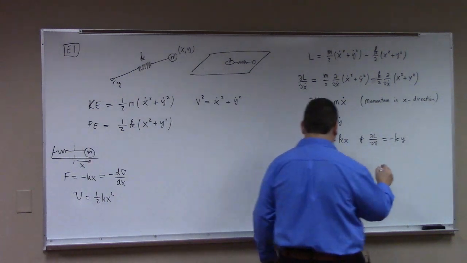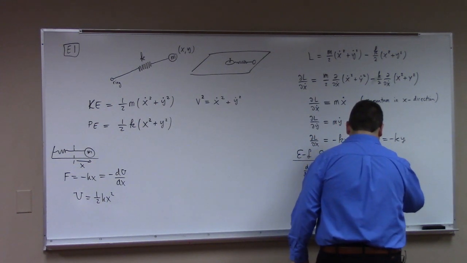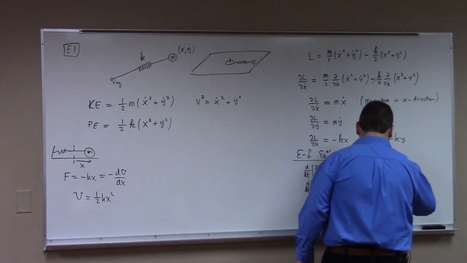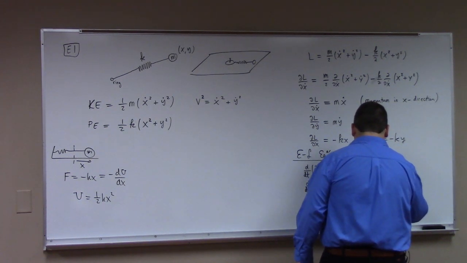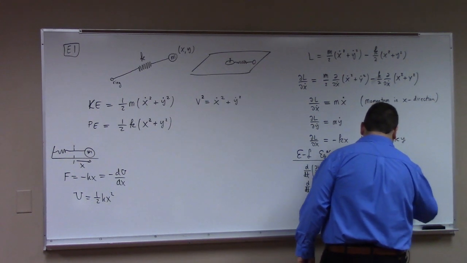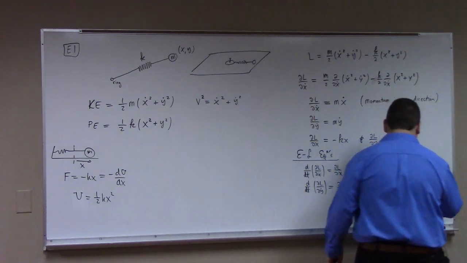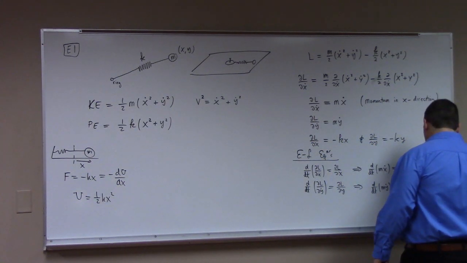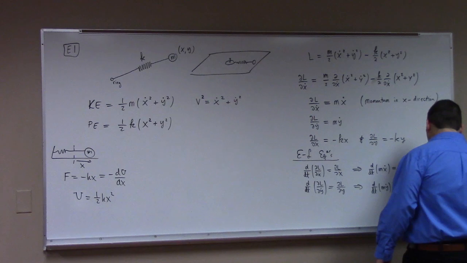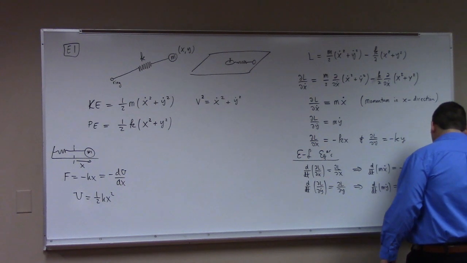We get d/dt of m x dot equals minus kx, and d/dt of m y dot equals minus k times y. In other words, the equations of motion are m x double dot equals minus kx and m y double dot equals minus ky.